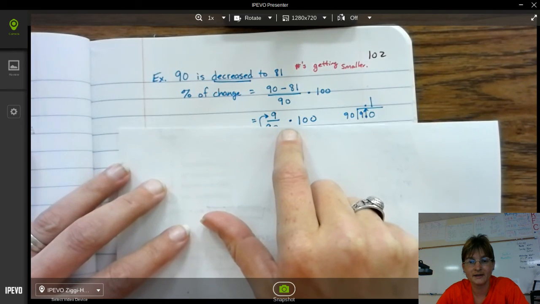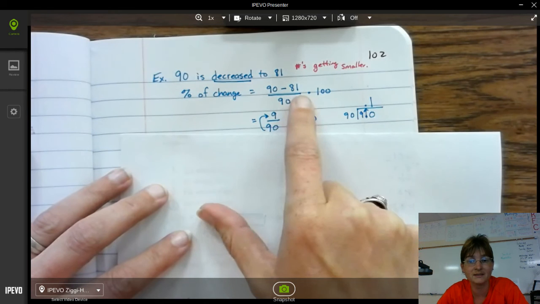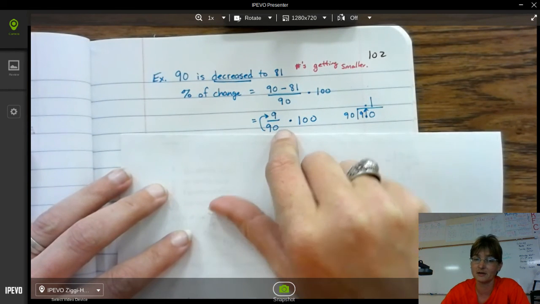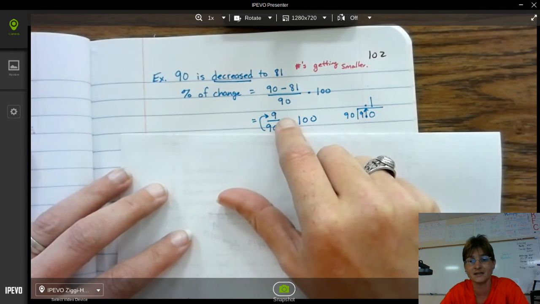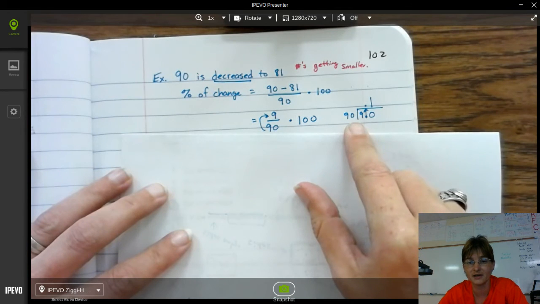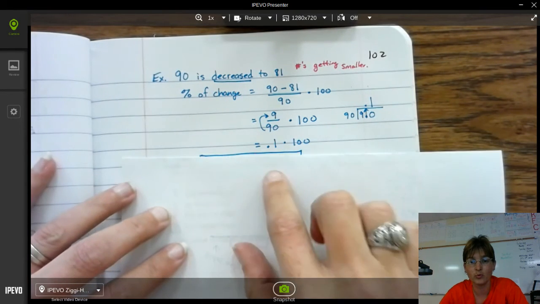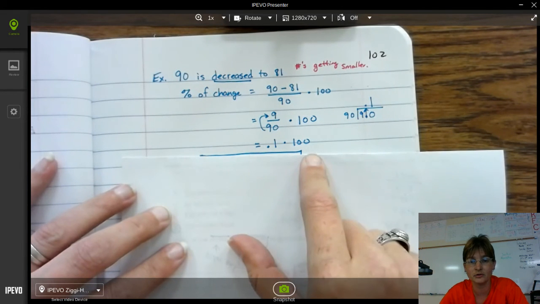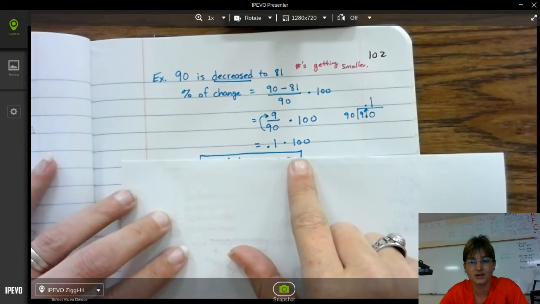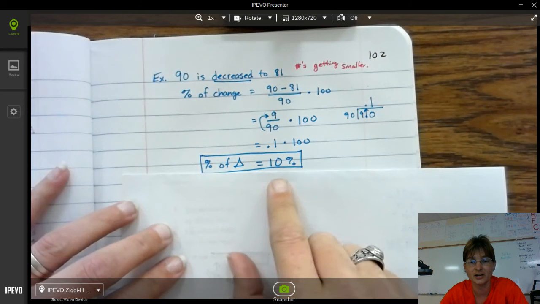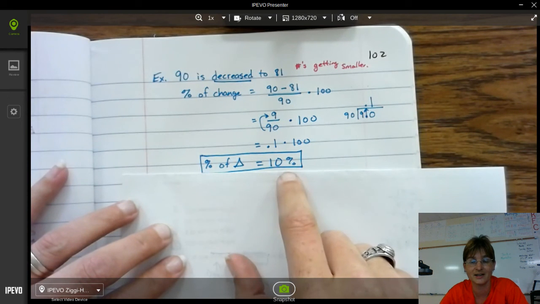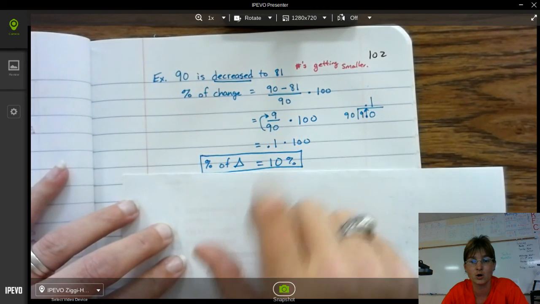When we do that, 90 minus 81 is 9, so then we need to see how many times 90 goes into 9. We do our division off to the side. We get 0.1. Then we multiply 0.1 times 100, and you should get percent of change is 10%, and that is a percent decrease because our number got smaller.